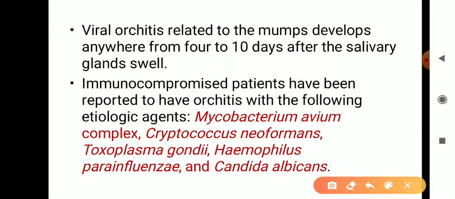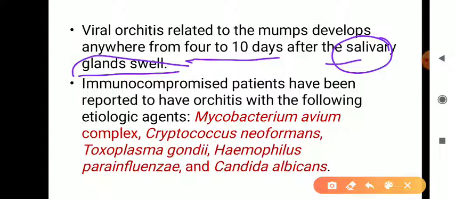Next, viral orchitis related to mumps develops anywhere from 4 to 10 days after the salivary gland swells. This means when the person has mumps, swelling in the salivary gland takes place.